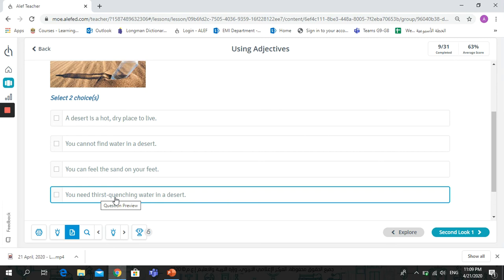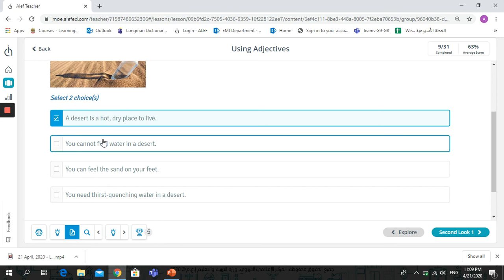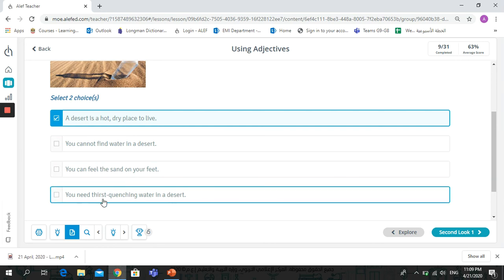So where are the adjectives here? Very good. A desert is a hot, dry place is number 1. In number 2, are there adjectives? No. In number 3, no. In number 4, yes, you need thirst-quenching water.